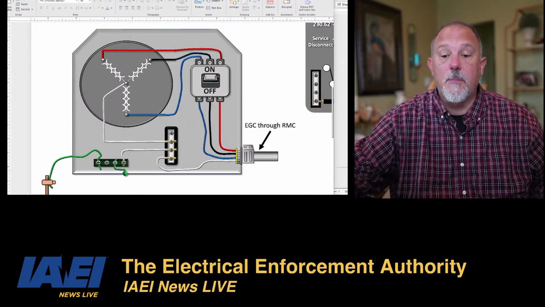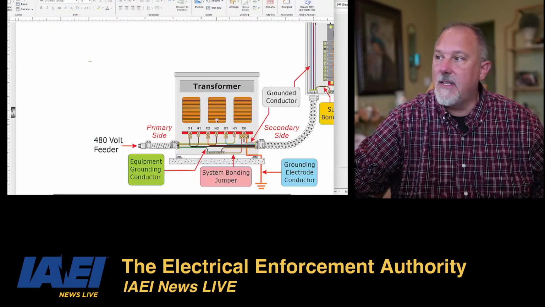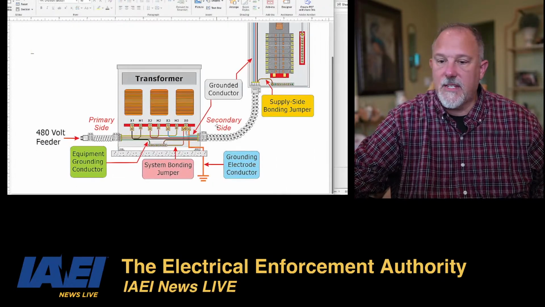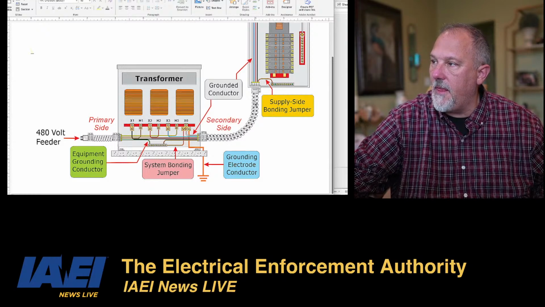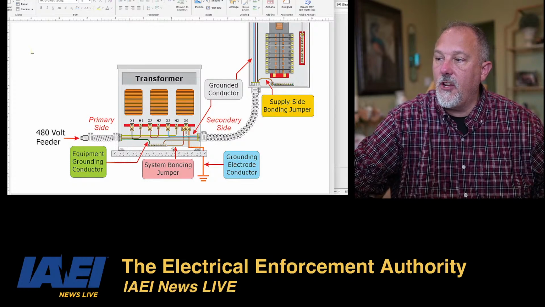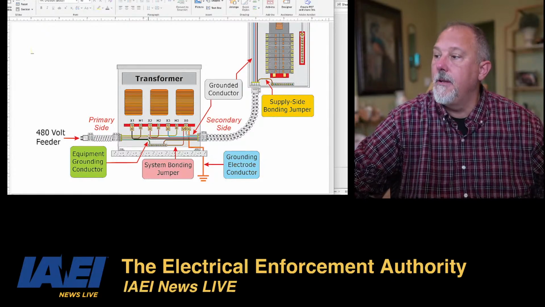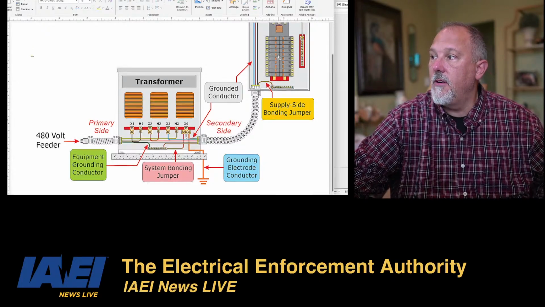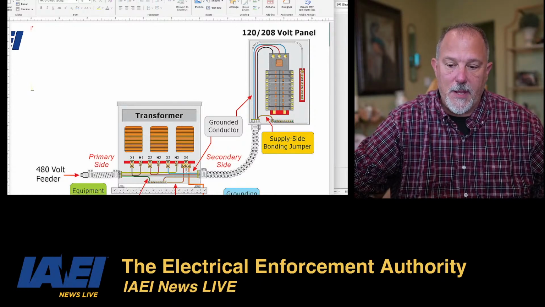Then you have a supply side bonding jumper, which we saw a picture of in this image here. We had a supply side bonding jumper being provided from this transformer enclosure to that panel board, and that's maintaining that connection from the grounding electrode and grounding electrode conductor to the ground bar in that first panel board.